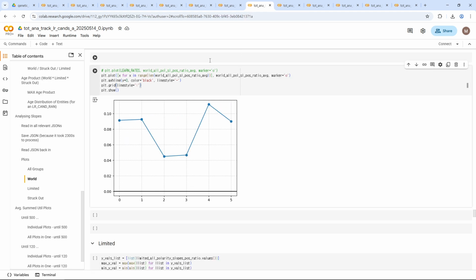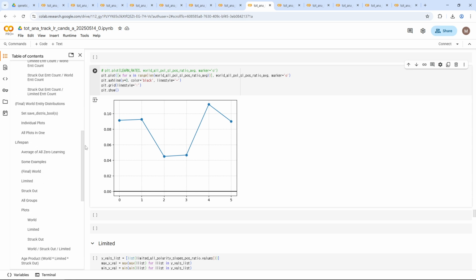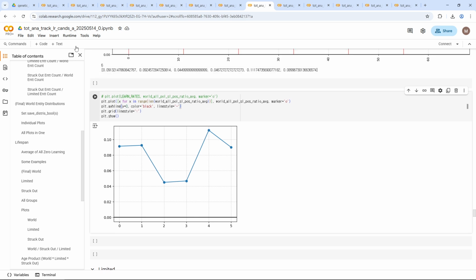And next on to where learn rate methods are used, as well as the candidate methods. This 0514 is where the learn rate method is a proportional tail, and the candidate method is also proportional tail. Wait, do I have that right?